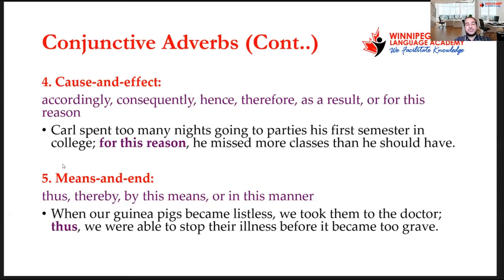For means and ends, which means results, we could use thus, thereby, by this means, and in this manner. When the guinea pigs became listless, we took them to the doctor. Thus, we were able to stop their illness before it became too grave. What kind of sentence is this? Is this a compound sentence?